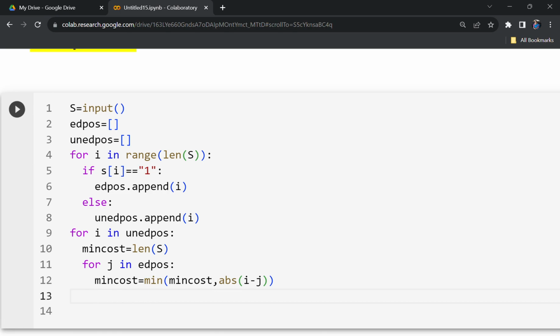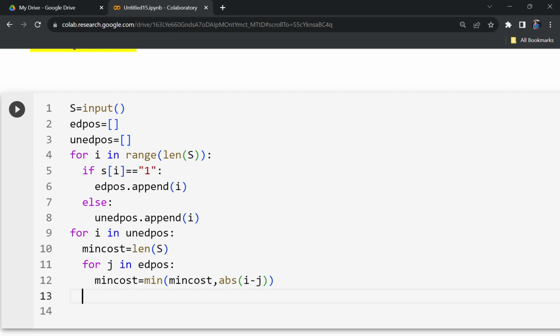The distance may be towards left or towards right. If it is right, it will be positive. If it is towards left, it will be negative. So that's why I am considering the absolute value of it. This min will find the minimum of min cost and the absolute value, and that will be updated to min cost.